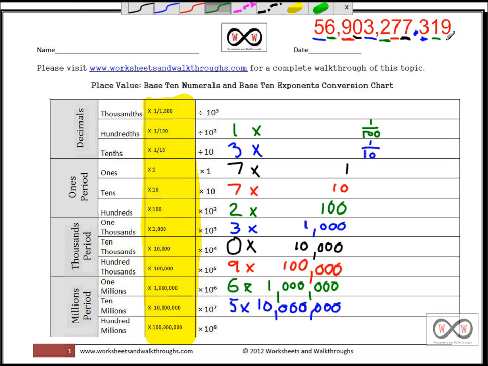And finally, we come to this 9 in the thousandths place. Good for you. So again, we're looking at the 9 in the thousandths place. Multiply it by 1/1000th. There it is, 9 times 1/1000th.